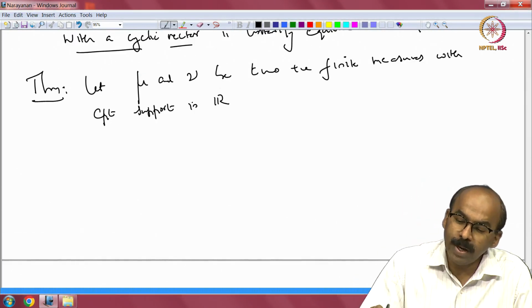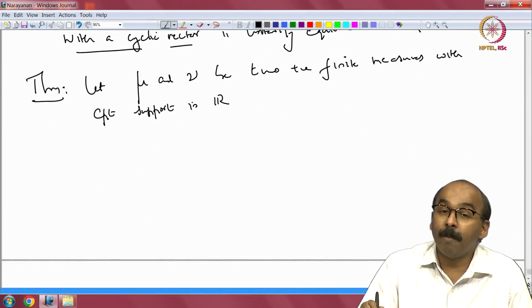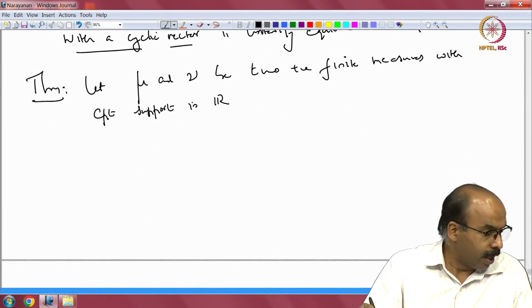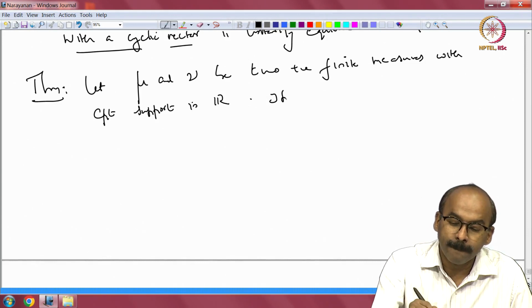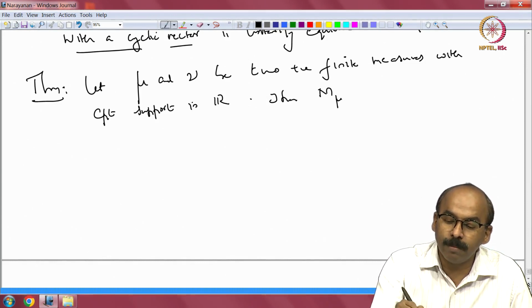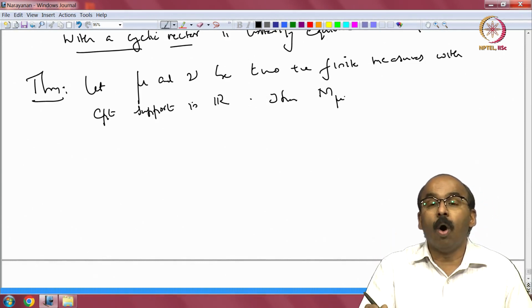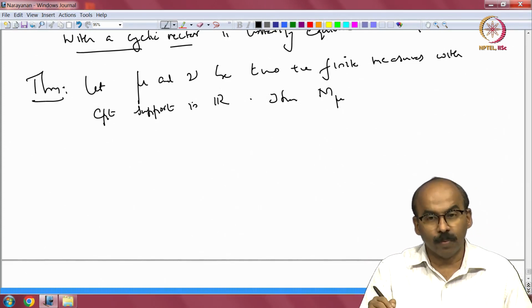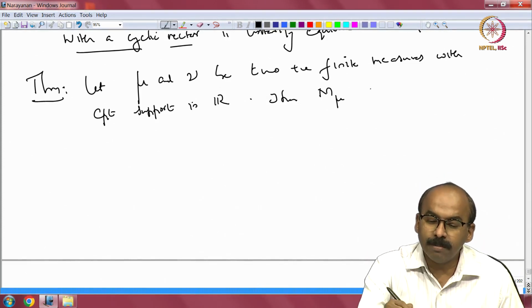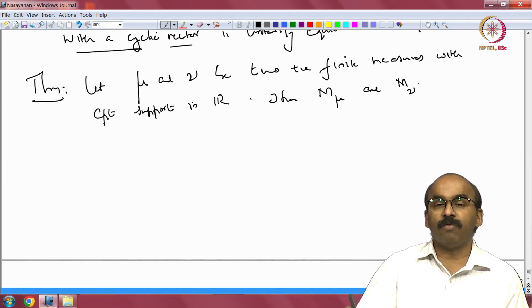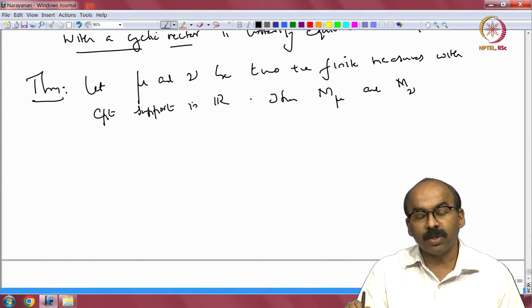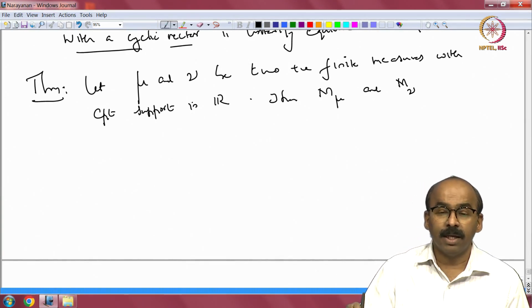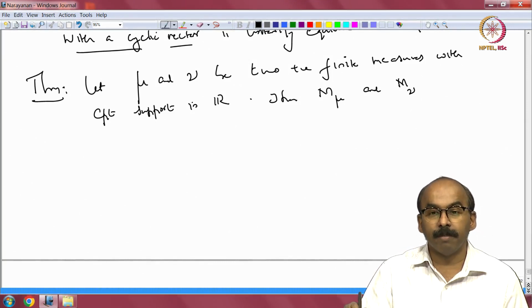And mu and nu be two finite measures with compact support in R, then m sub mu is the multiplication by x on L2 of mu, right, on the real line, then m sub mu and m sub nu. So, we have two multiplication operators. Also, as I said, the spectral theorem says that if you have a bounded self adjoint operator with a cyclic vector, it has to look like m sub mu, right.